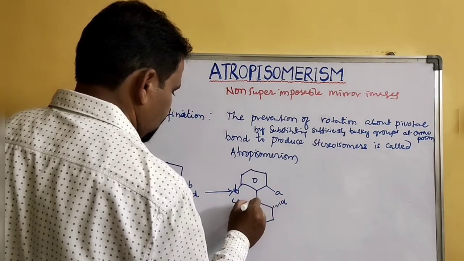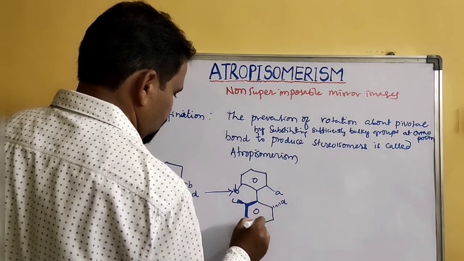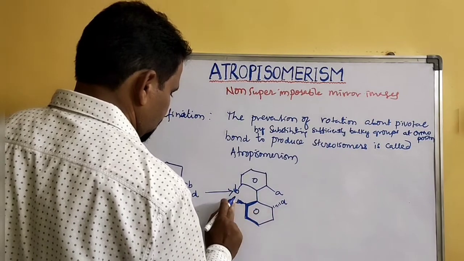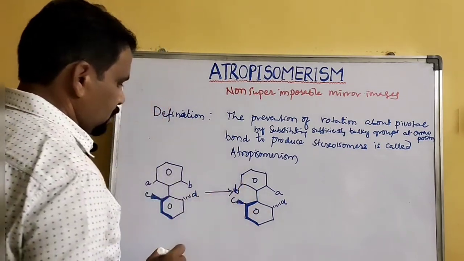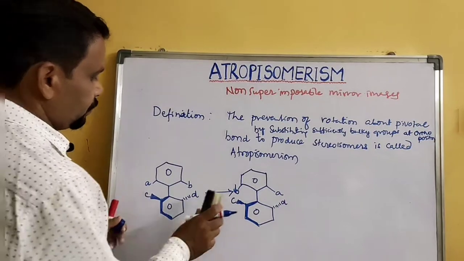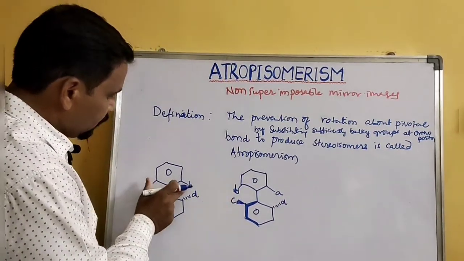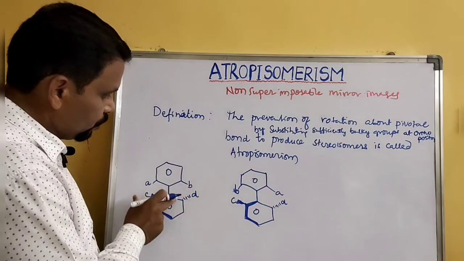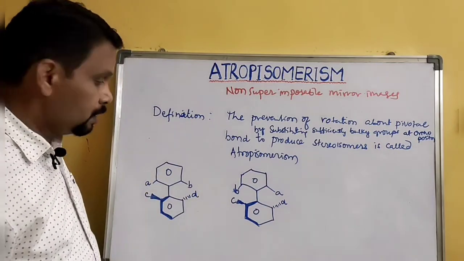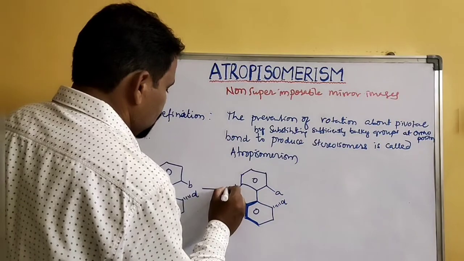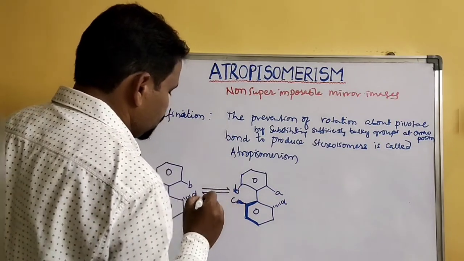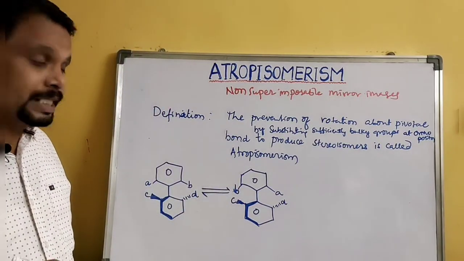So actually, if the ortho substituted groups are smaller, this can be reversible.